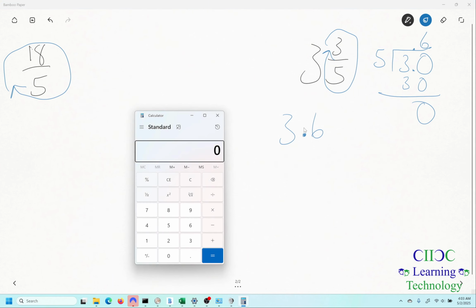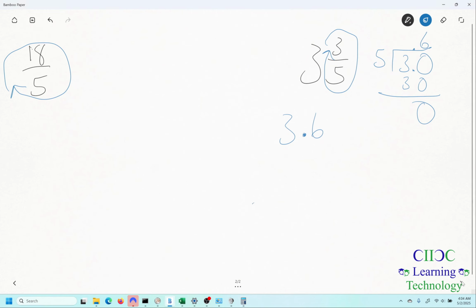Because this is a decimal, it is a fraction or a piece or a smaller bit added onto the whole number. So if you don't believe that, let's look at 18 divided by 5. 3.6. Just put that here, 3.6. So again, 3 divided by 5 is 0.6, plus the 3, 3.6. I think we're good. Let's go on to the next one.